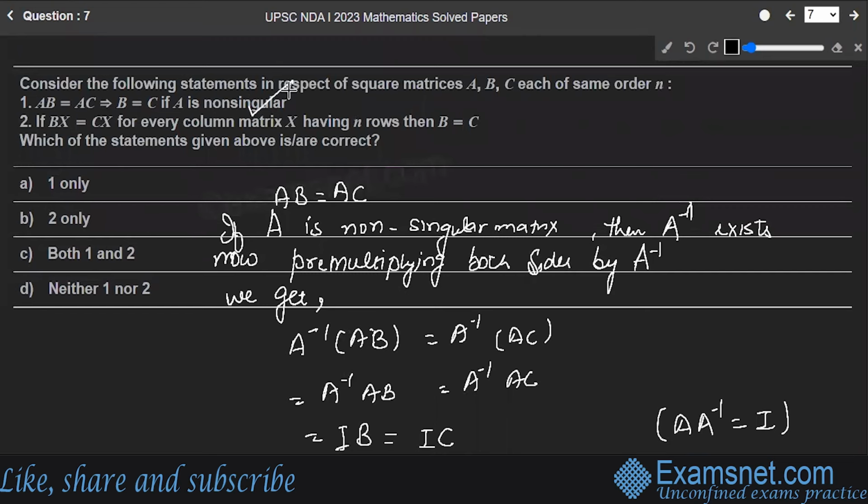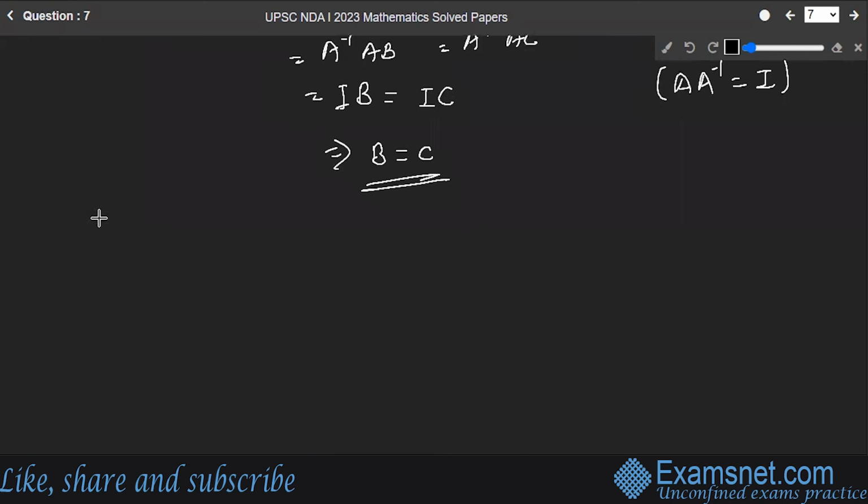Let's go with the second one. It says if BX is equal to CX for every column matrix X having n rows, then B is equal to C. Okay, let's start with the contradiction of it.